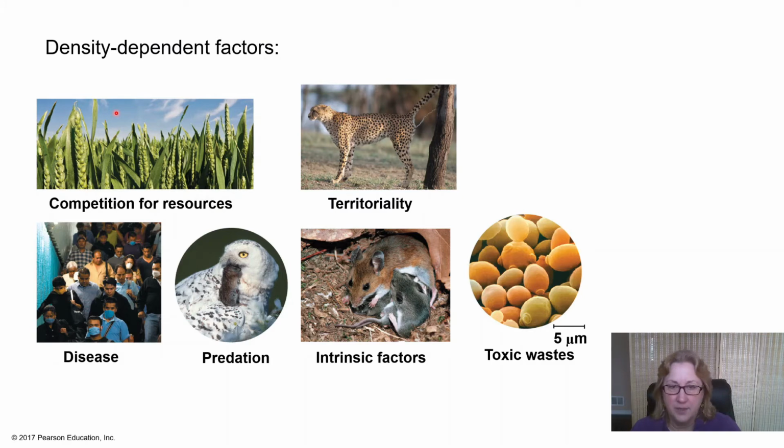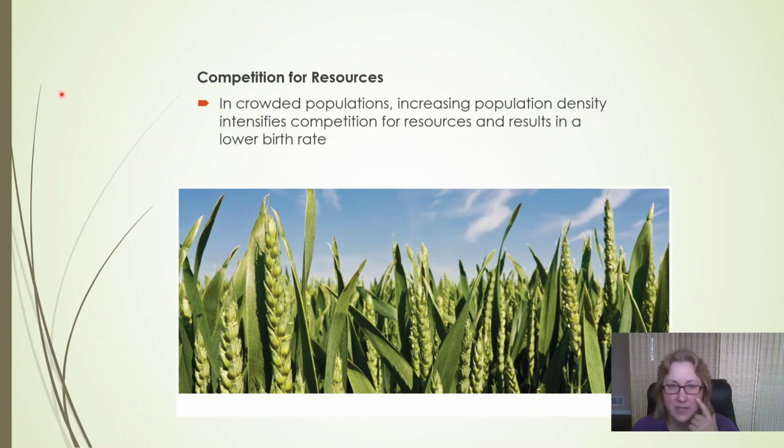Here are some of the density-dependent factors that we'll talk about in more detail: competition, interspecies competition, territoriality, this is also between species mostly, increased disease prevalence, predation, intrinsic factors, we'll talk about what that is, and also accumulation of toxic wastes.